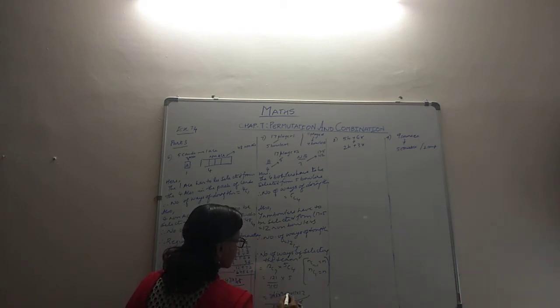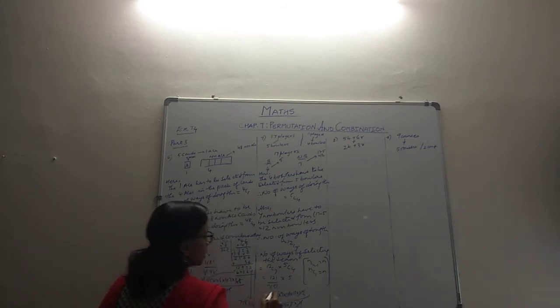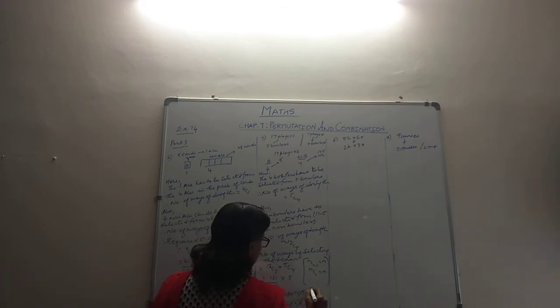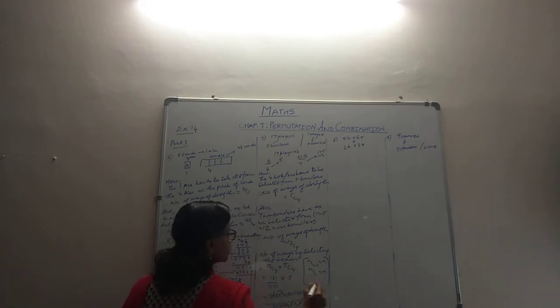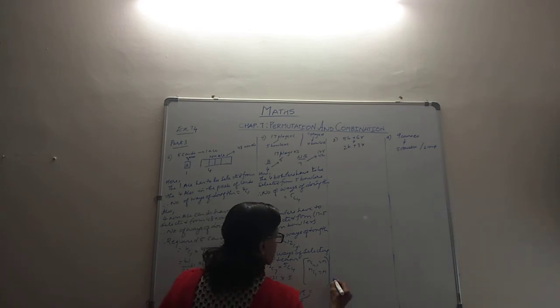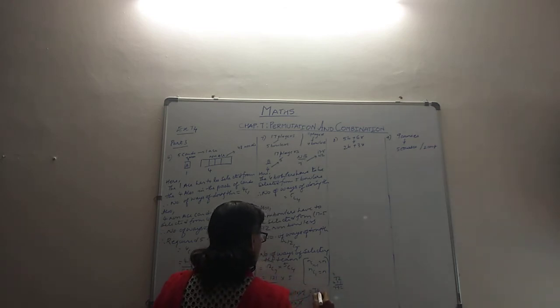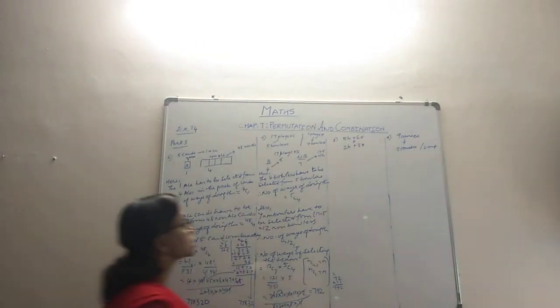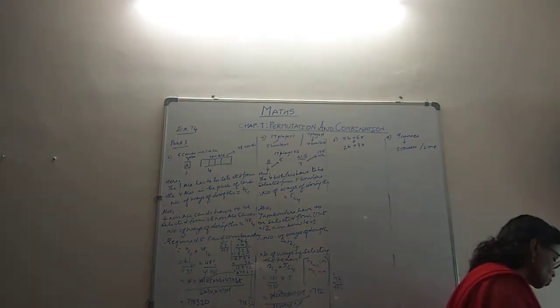Right, now what all things can go? 5 2s are 10 can go, and 4 3s are 12 can go. So we are left with 8 into 9, that is 72, into 11. So let's check somewhere. 72 into 11. 11 2s are 22, carry 2, 11 7s are 77, 79, 792. Do we have any zeros? No. So 792 ways.